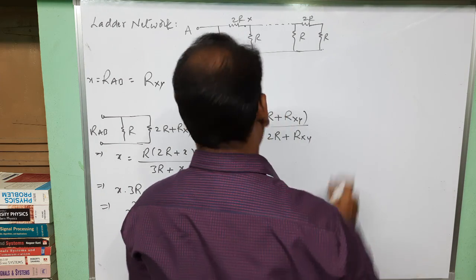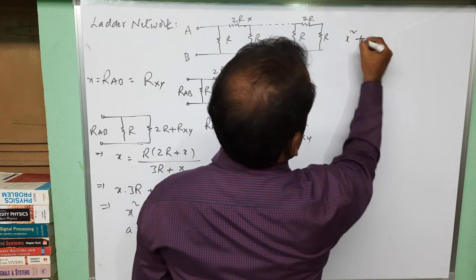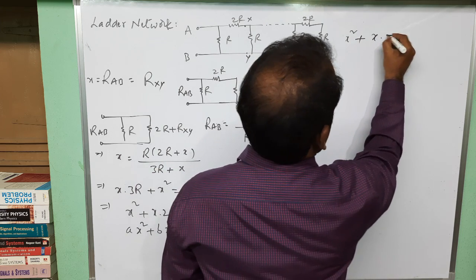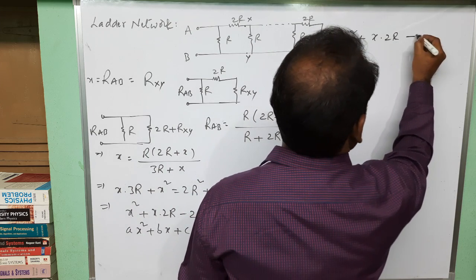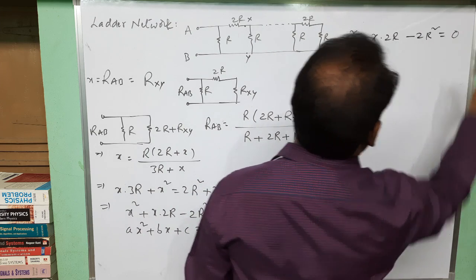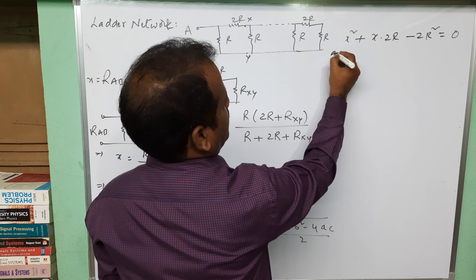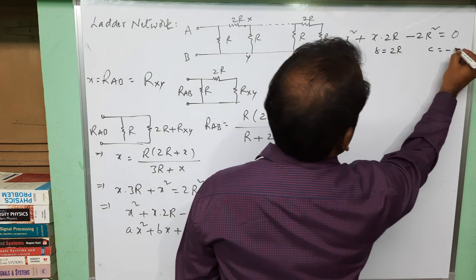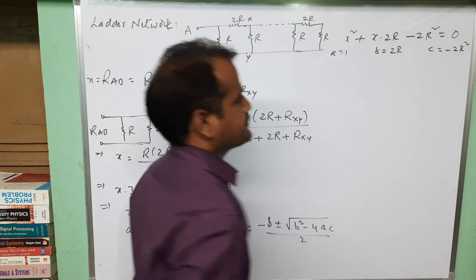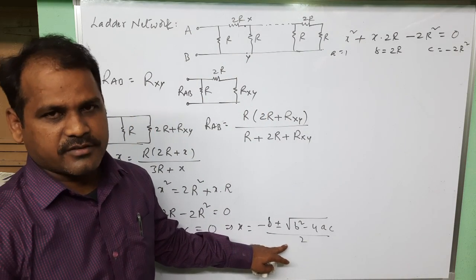We got x square plus x2R minus 2R square is equal to 0. Here a value is 1, b value is plus 2R, c value is minus 2R square. And this is the solution for this equation.